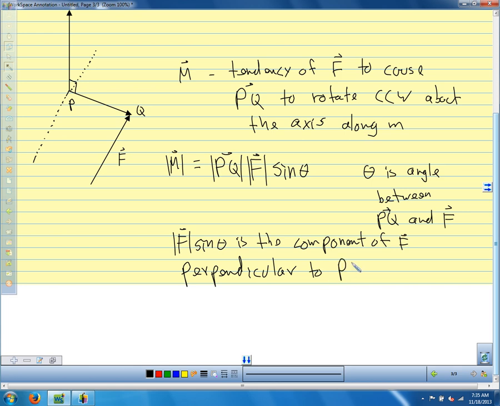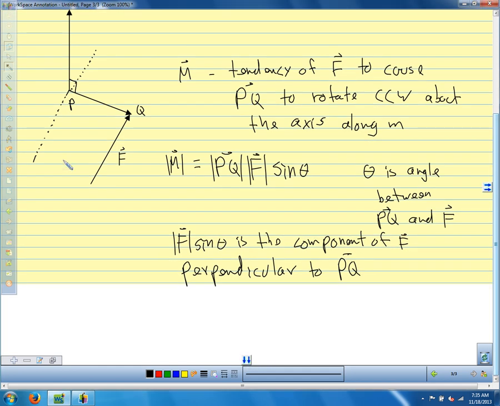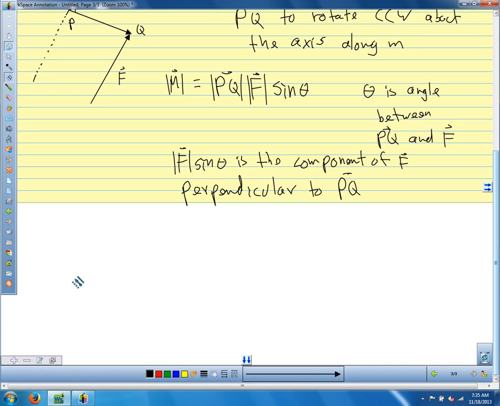Let's draw another picture here. If I have my force, we'll just draw it in the plane. Let's say this is PQ and this is F, like so. This would be theta.